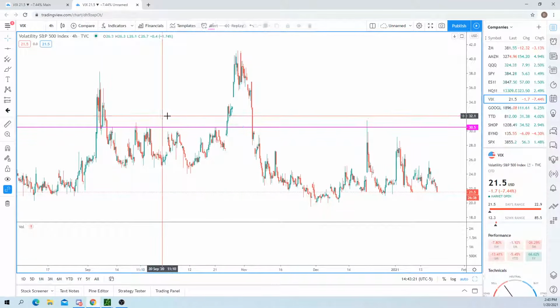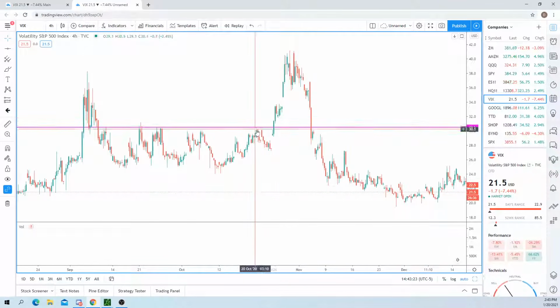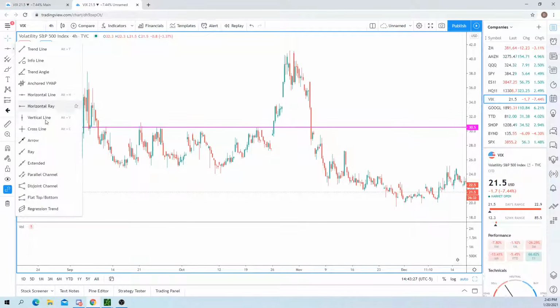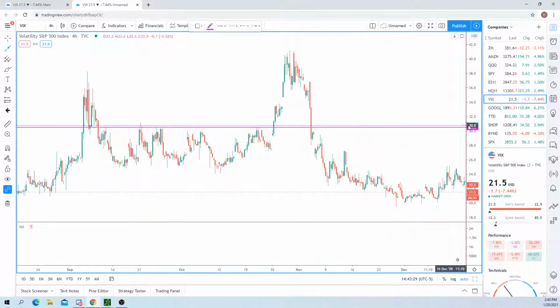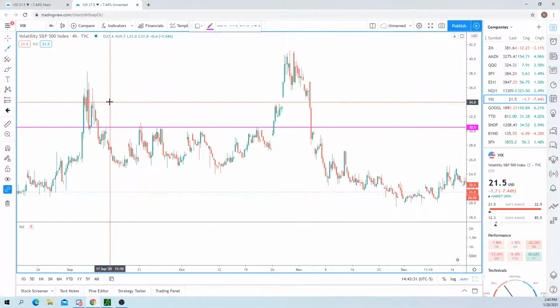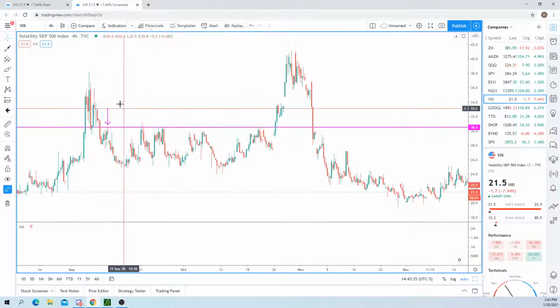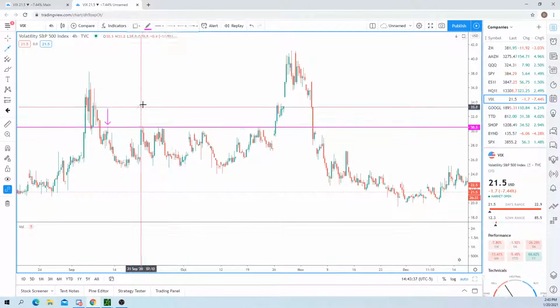Here, back in late October, we can clearly see that this level, 30.5, acted as resistance at multiple points for the VIX. You can see right there.